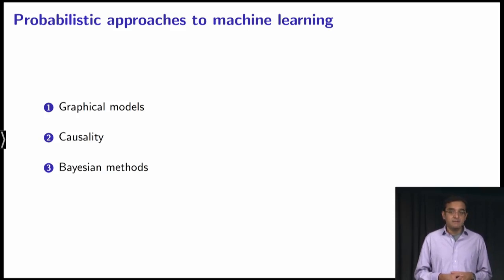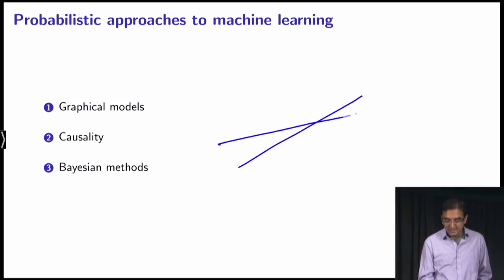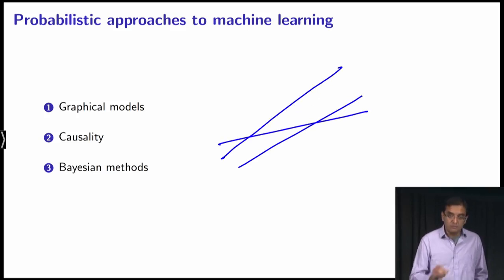In Bayesian methods, the learning algorithm doesn't just return a single model, but rather a probability distribution over all possible models. Okay, so it says, this linear regressor has probability 0.2, and this linear regressor has probability 0.1, and this linear regressor has probability so-and-so. We get back this entire distribution.